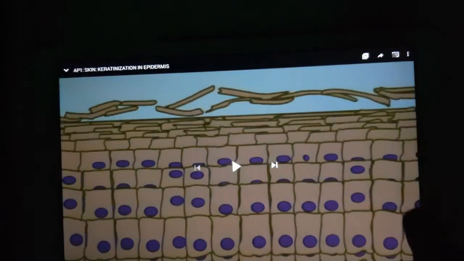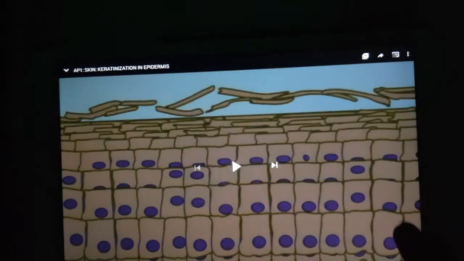So now you can see a video where the live cells of the skin, the interior layer of the skin which is live, come up and become dead and form the stratum corneum layer, right? And we discussed that the process is dynamic.